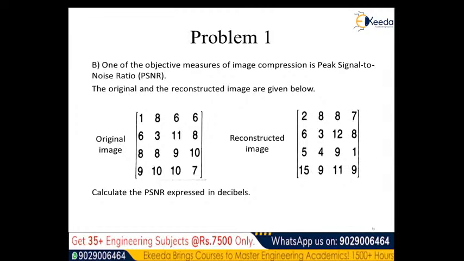So to find the solution, we require a mathematical expression for computing the PSNR value in decibels. As we expect the answer in decibels, we will have 10 log to the base 10 of the logic we build here.